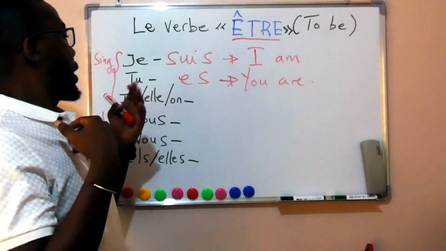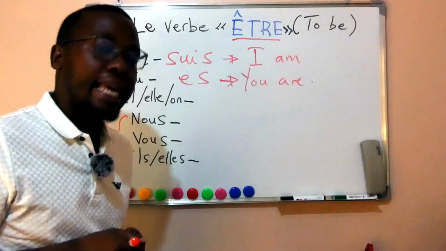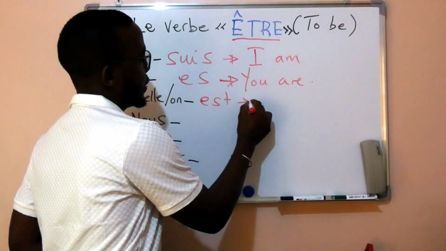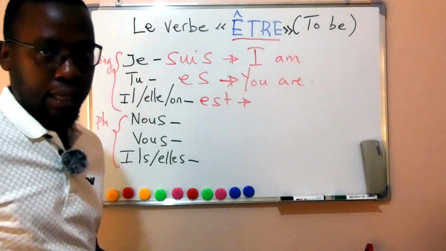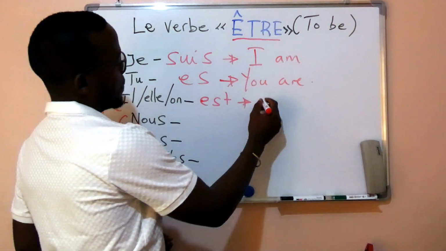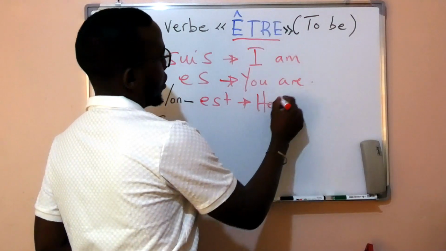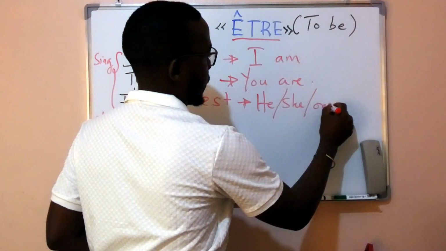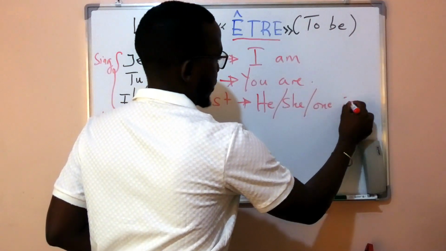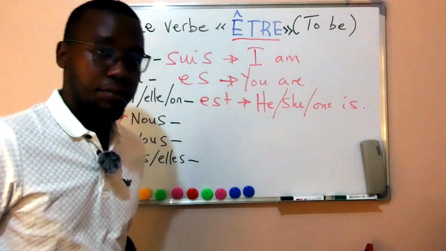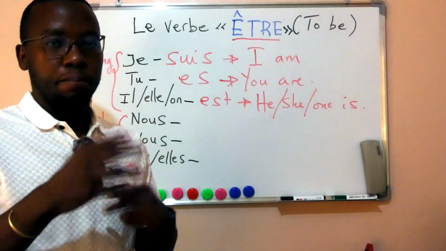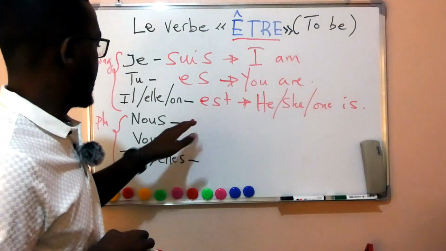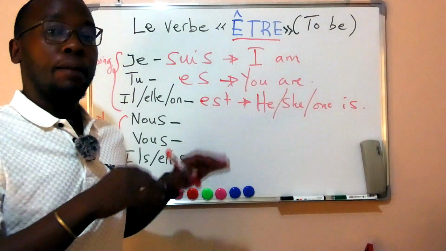So, il est, with a T, which means he or she or one is. Then that is it for the first person singular.